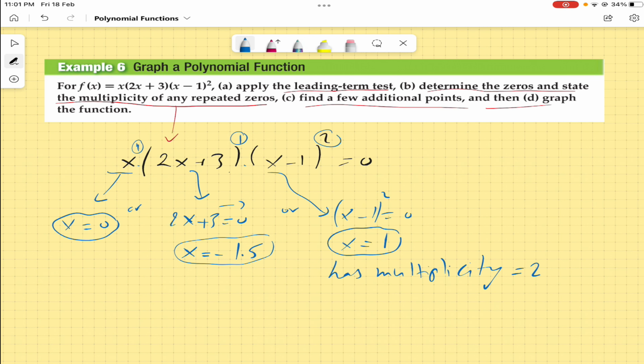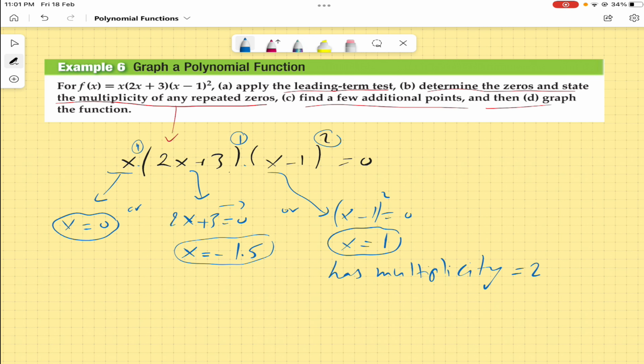To find the y's, I need to replace in the main equation, f of x equal x times 2x plus 3 times x minus 1 to the power of 2. So let's replace negative 2. The first one I'm gonna do in detail.